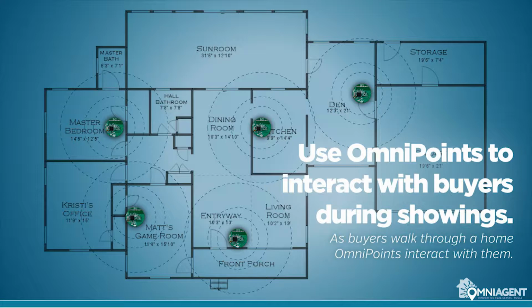How fantastic would it be at that exact point in time that they're nearby a beacon in the master bedroom, and that beacon pops up a seller disclosure or a little document that the seller has signed that says, hey, oh, by the way, we note that this carpet is in bad shape. However, the seller has signed this saying that they're willing to give a $2,000 credit allowance to the new buyer to replace the carpet with whatever they choose post-closing.